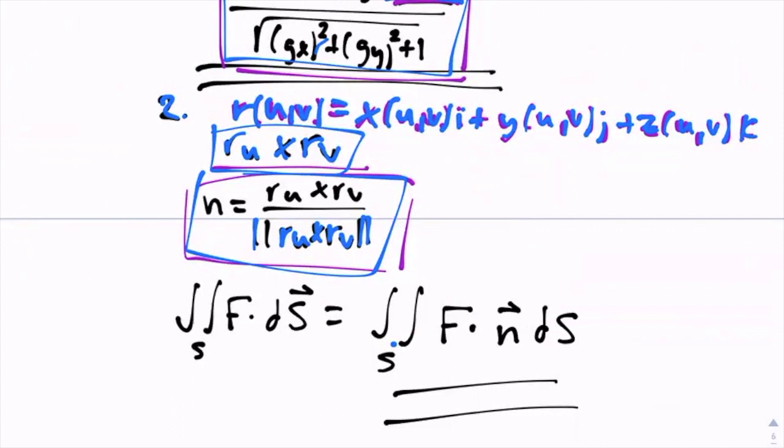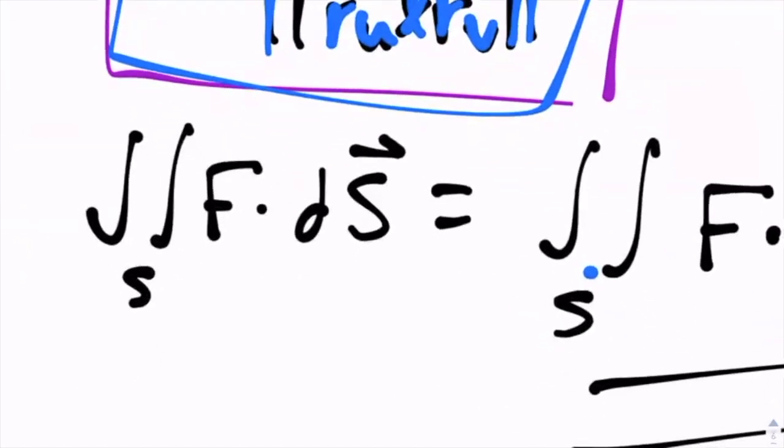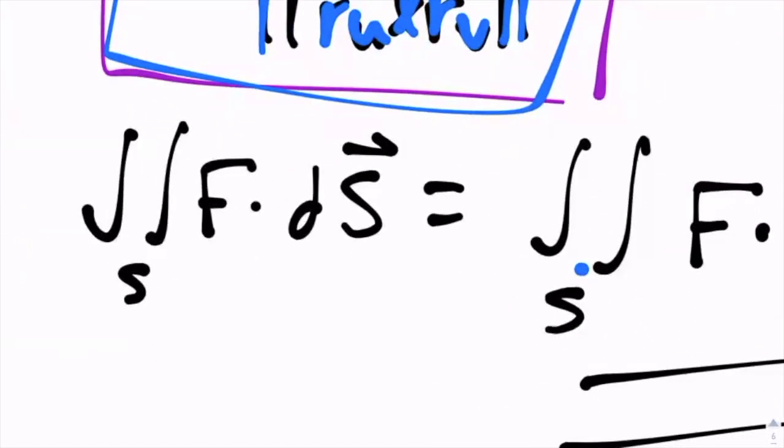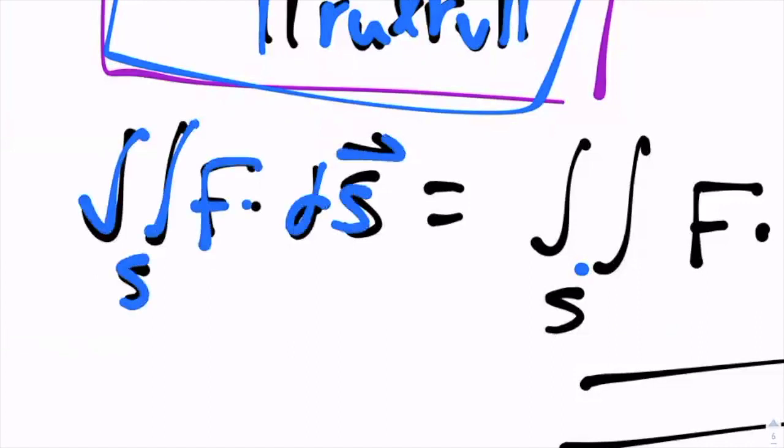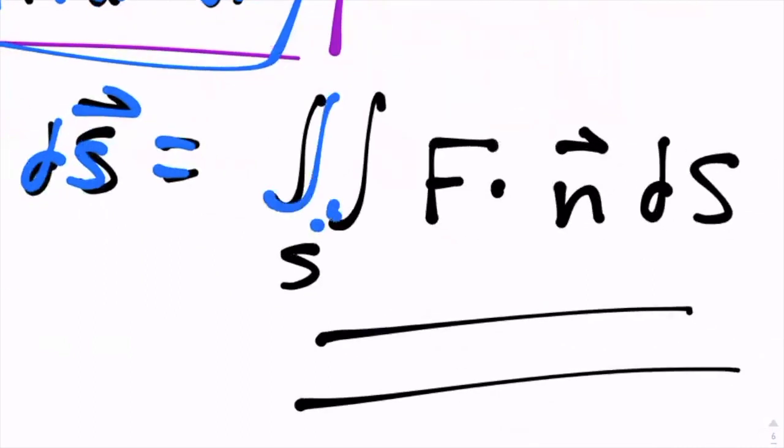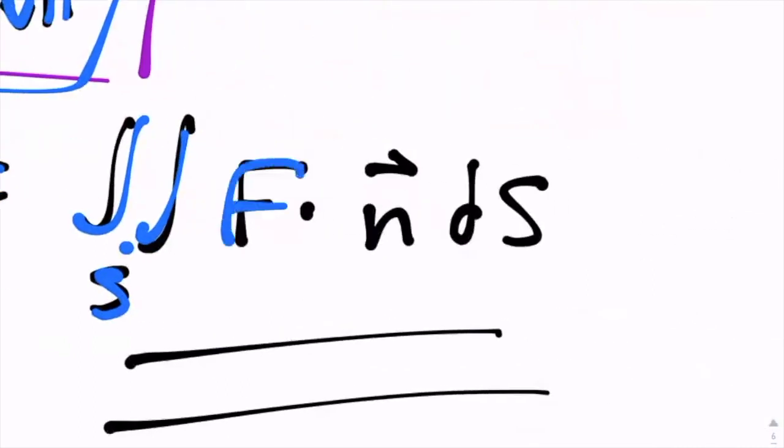Now that we have our definitions for our unit normal vectors, let's go ahead and define our vector surface integral. I'm going to say that our vector surface integral is simply equal to the double integral over surface S of F dot the normal vector n dS.